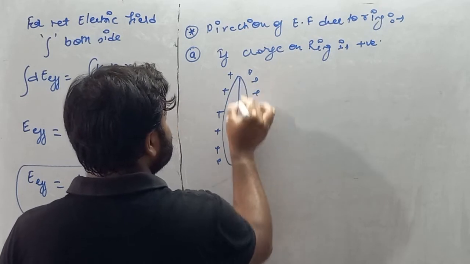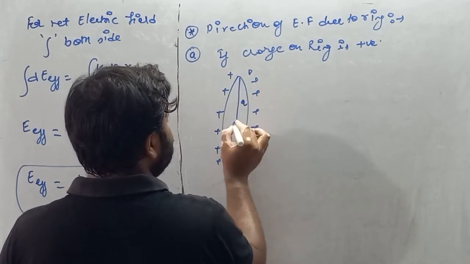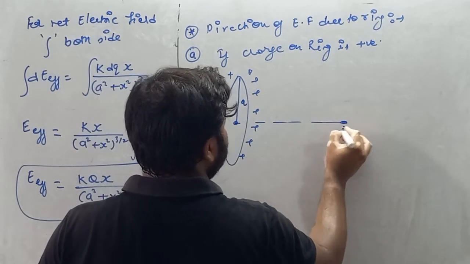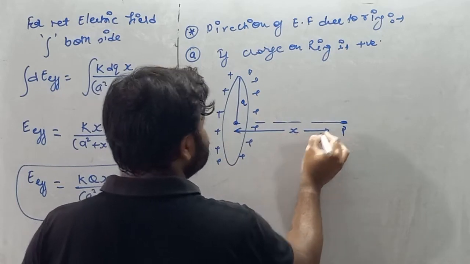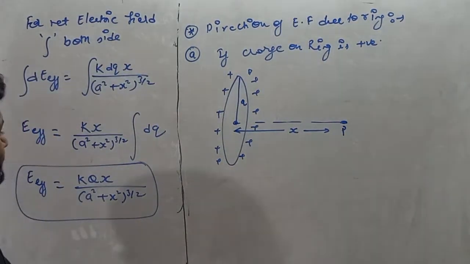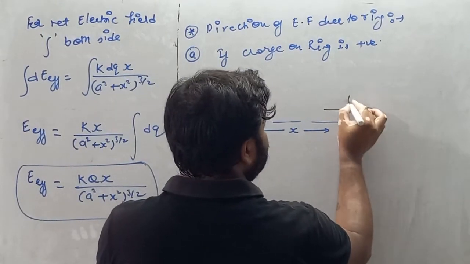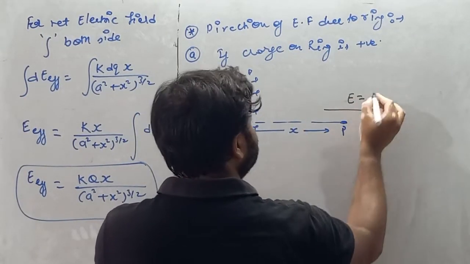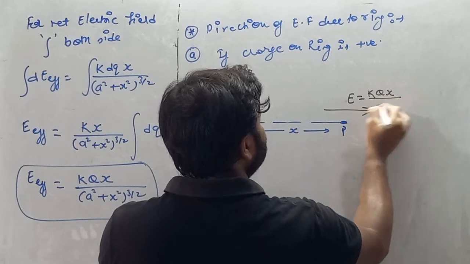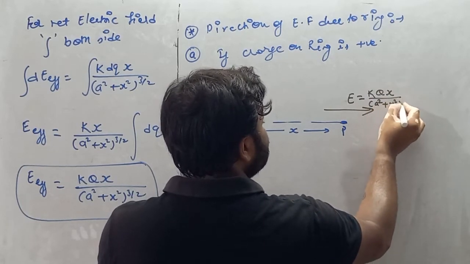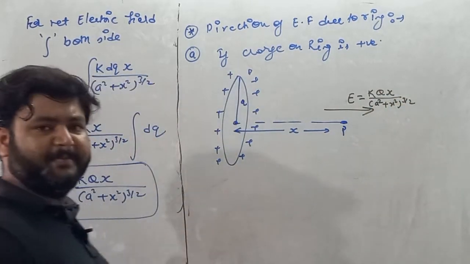This is the radius of the ring a, and the axis of the ring has point P, which is x distance apart. So the direction of electric field due to positive charge is away from the ring, and it is equal to kqx by a square plus x square raised to the power 3 by 2. Remember this thing.